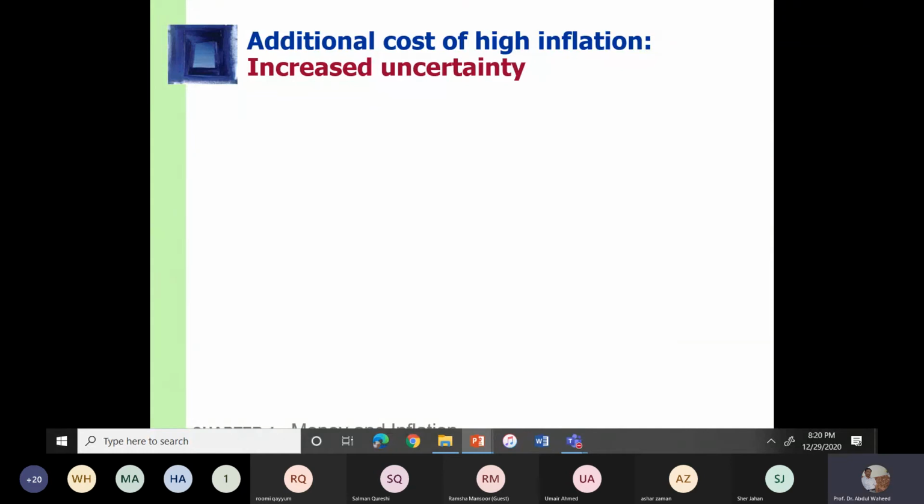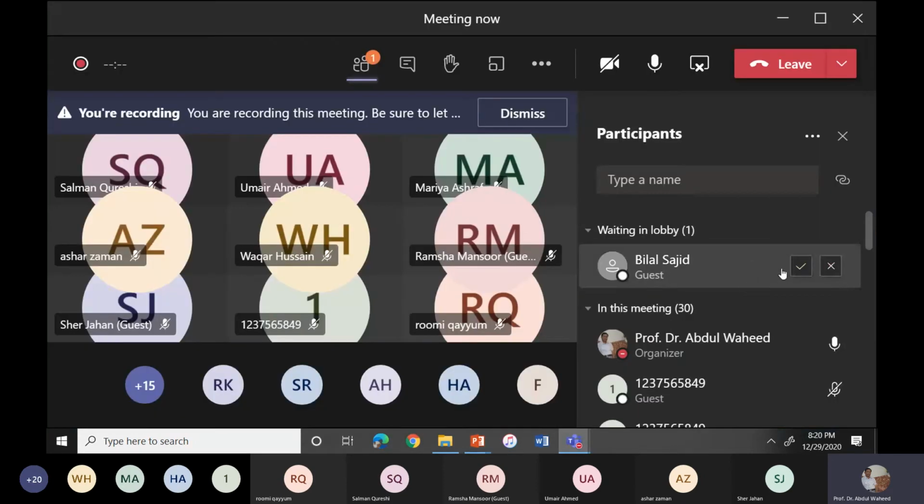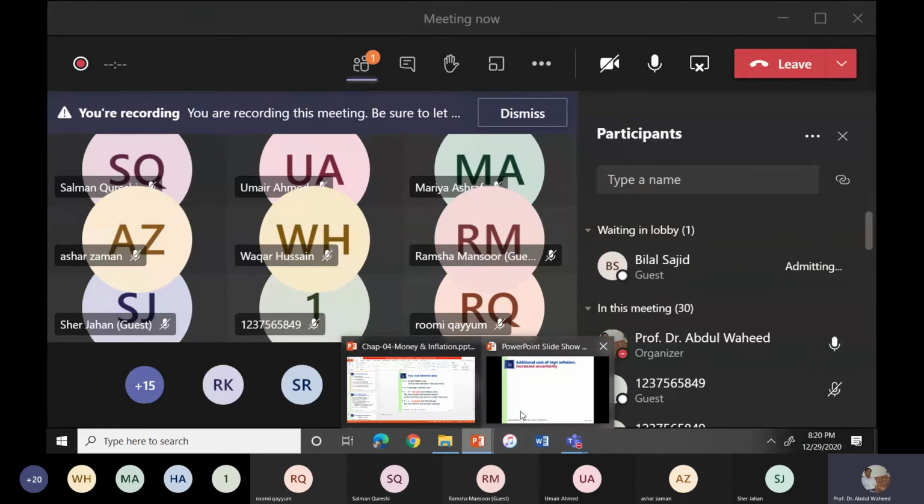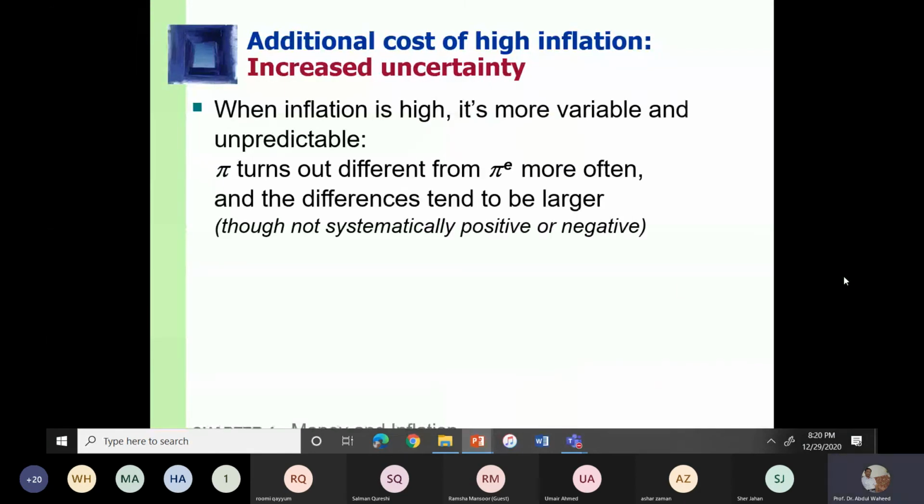And then we have some additional costs of inflation. If there is inflation in the economy, as we are experiencing these days in our country, it will create increased uncertainty in the economy. When inflation is high, it is more variable and unpredictable. So we cannot predict.